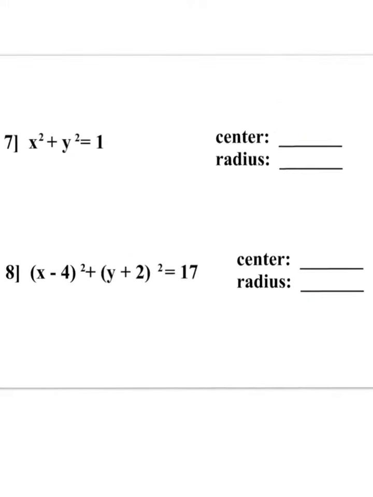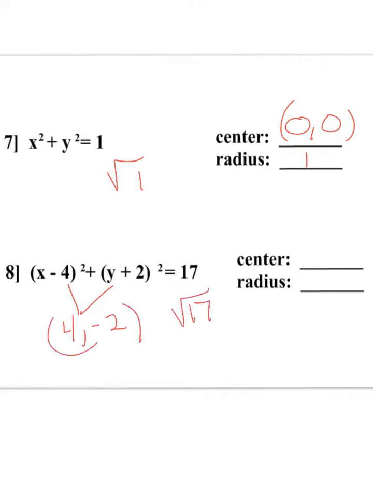Moving right along, I see this, the center is at the origin, and the square root of 1 is the radius of 1. And here I have it in standard form minus h, so I'm going to keep the 4, make that a negative 2, and the radius is the square root of 17. That does not simplify, so we are going to leave that as the square root of 17 and keep the center as 4, -2.